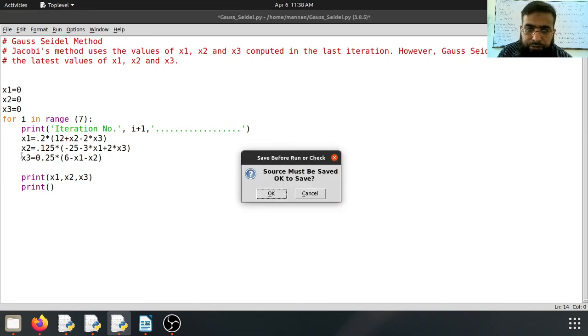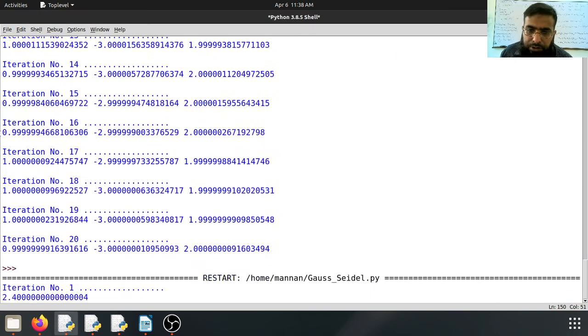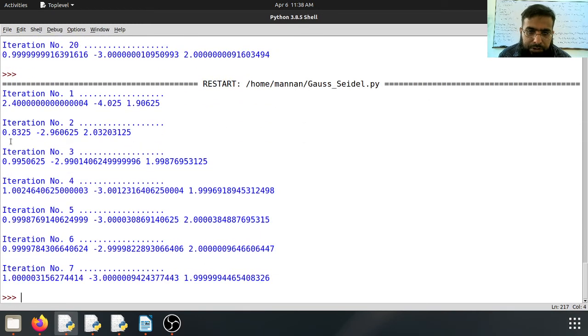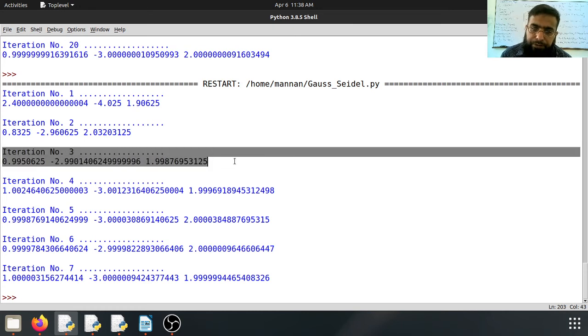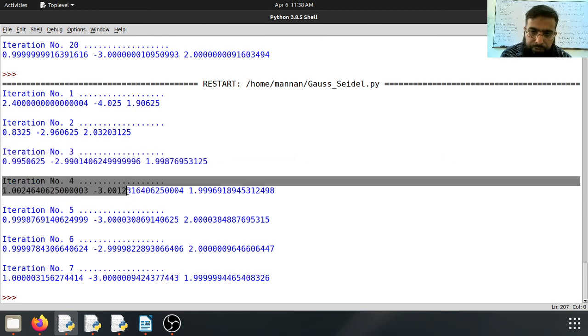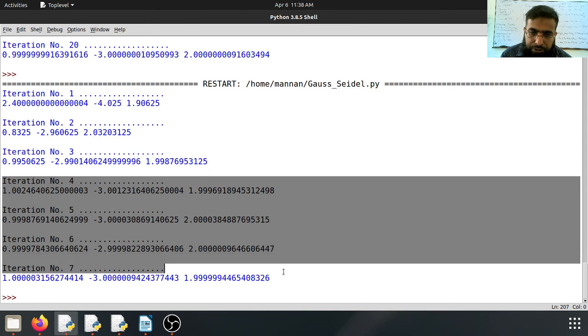And if we run it for 7 iterations, it seems to be converging at 1, minus 3 and plus 2 at iteration number 3 very quickly, quicker than Jacobi's method. At iteration number 4, we don't see any significant change.